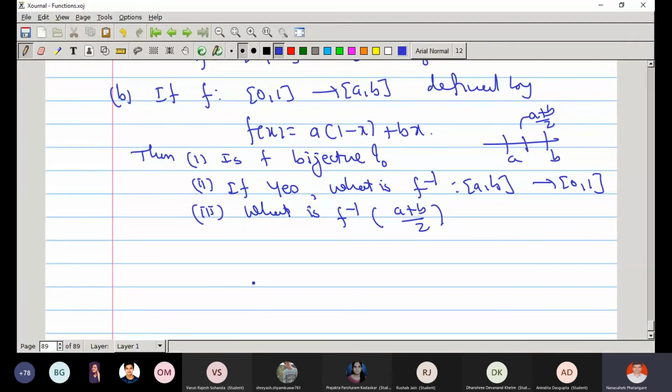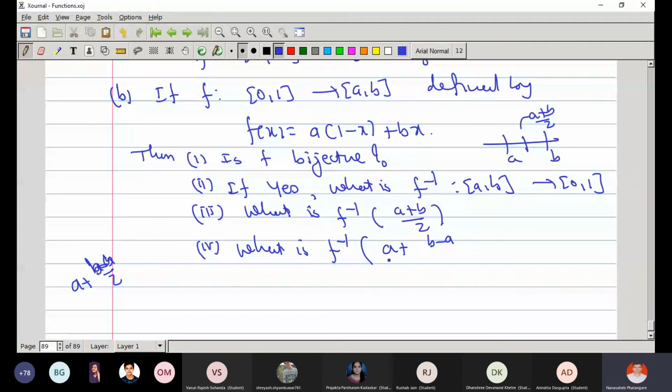What is f inverse of a plus (b minus a) by 3?